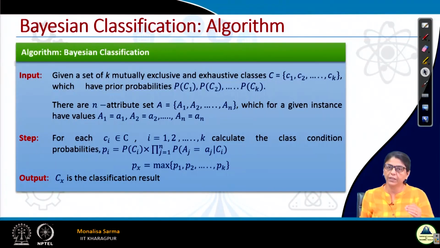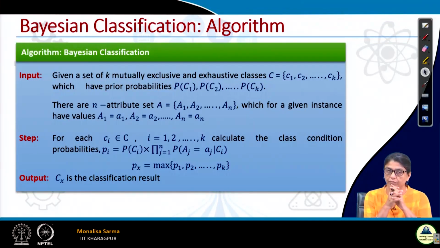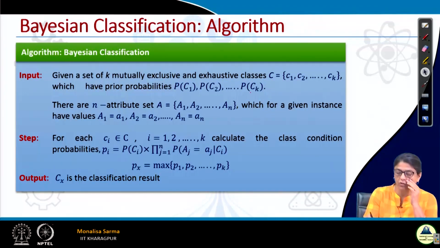So, formally, given a set of k mutually exclusive and exhaustive classes which have prior probabilities, these are the prior probabilities which we have found out how to find. There are n attributes, which for a given instance have values a1 and so on, the values of different attributes.